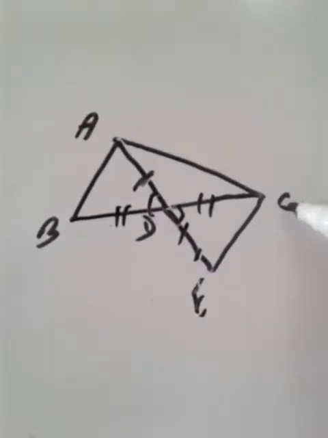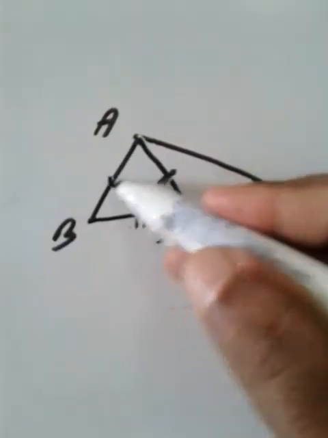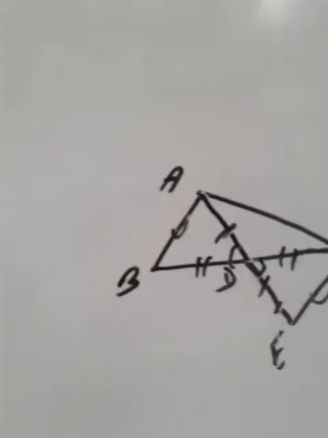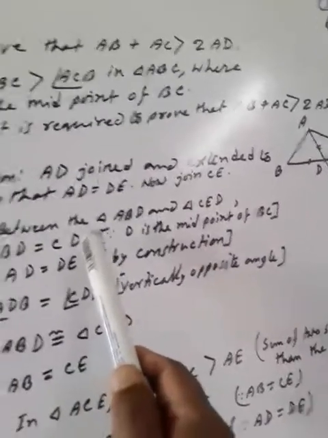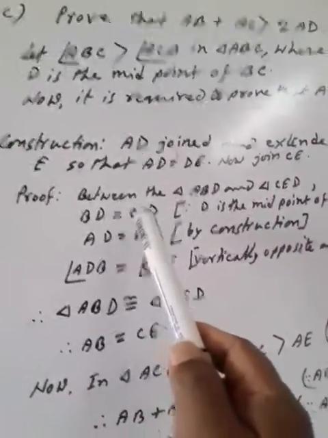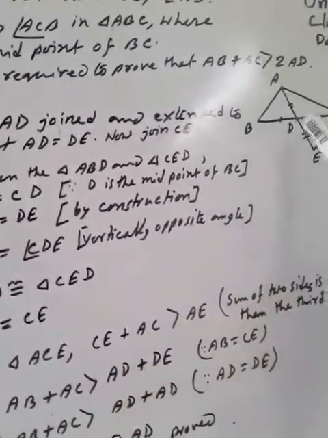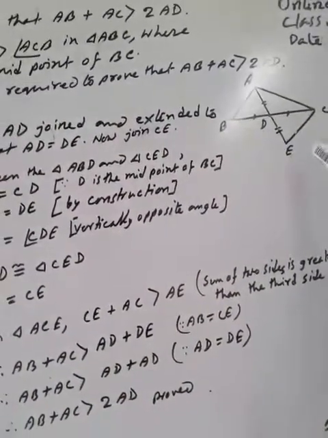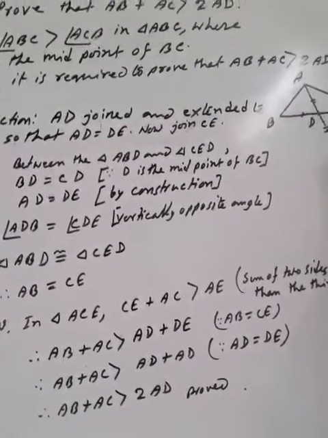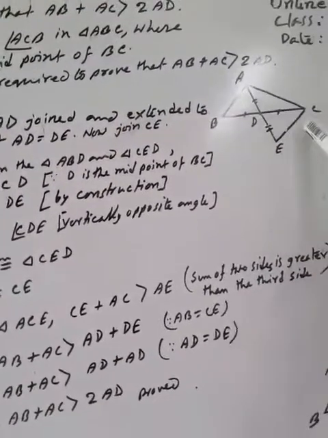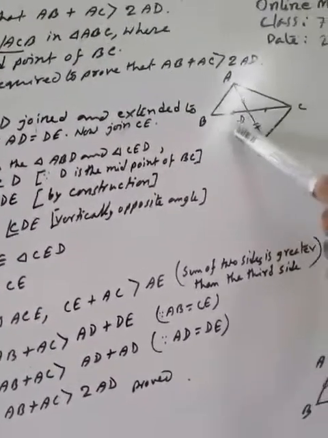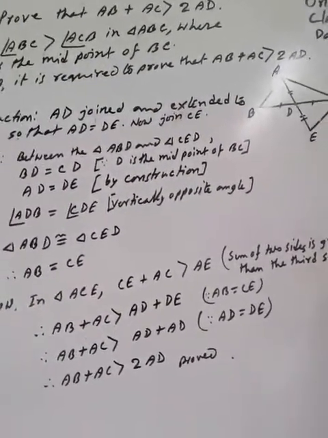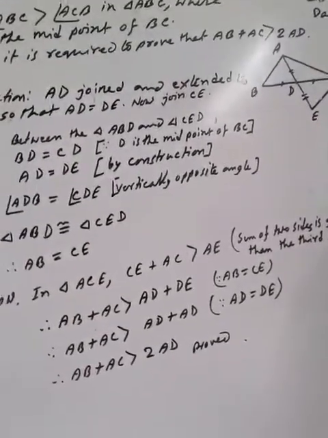If both triangles are congruent, then CE equals AB. You are getting this. Now see, the figure is given here. Prove: between triangles ADB and CED, we are getting BD equals CD, AD equals ED, and angle ADB equals angle CDE.